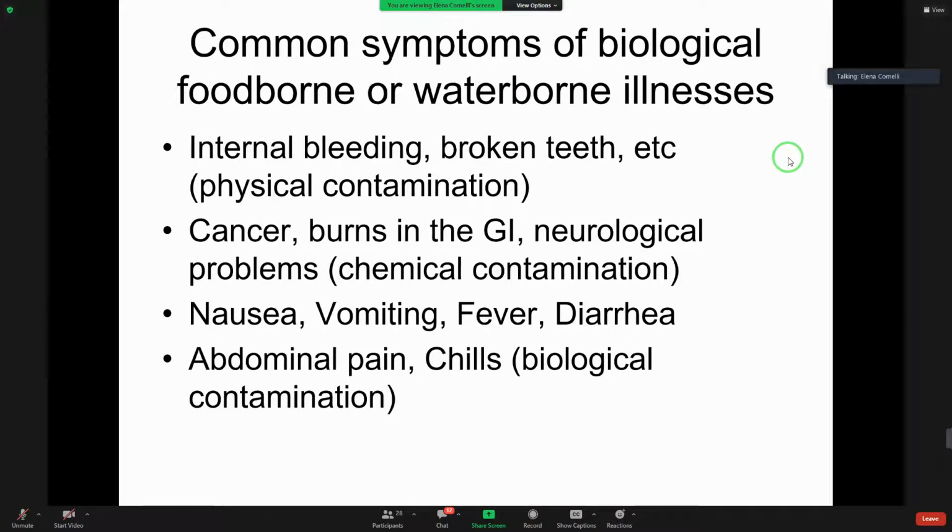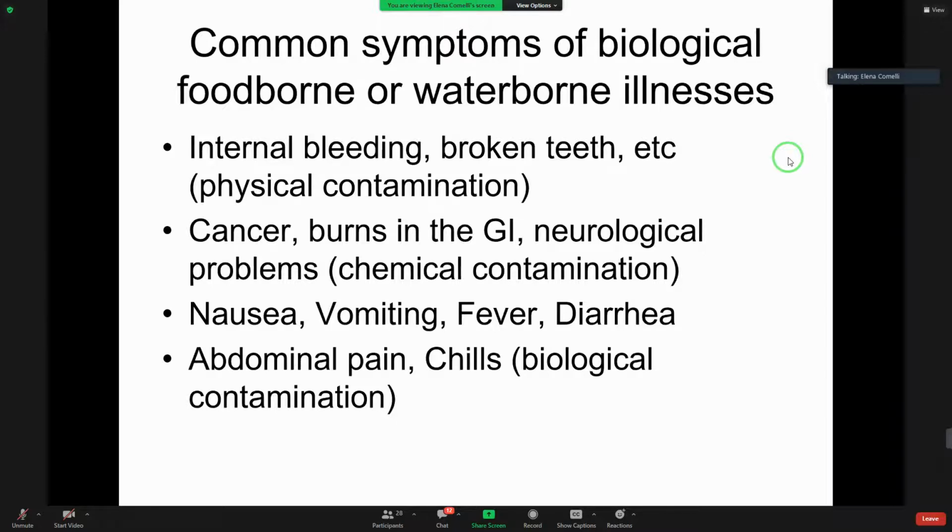So what are the common symptoms of these biological foodborne or waterborne illnesses, which are the ones that we want to focus on today? Usually these biological illnesses result in nausea, vomiting, fever, diarrhea, abdominal pain, and chills. Sometimes they are confused with flu, or they are called abdominal flu.